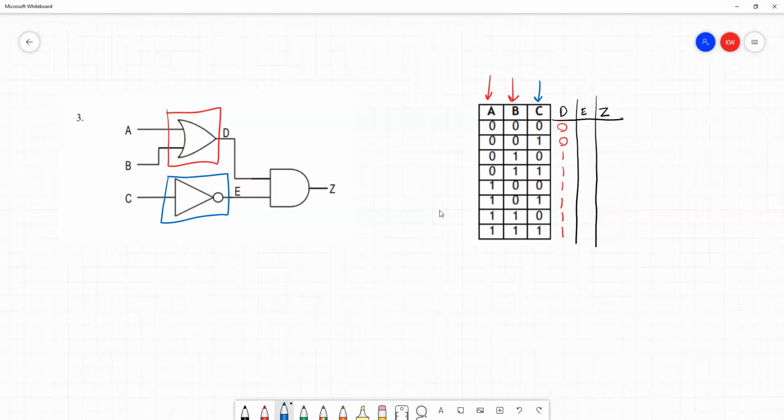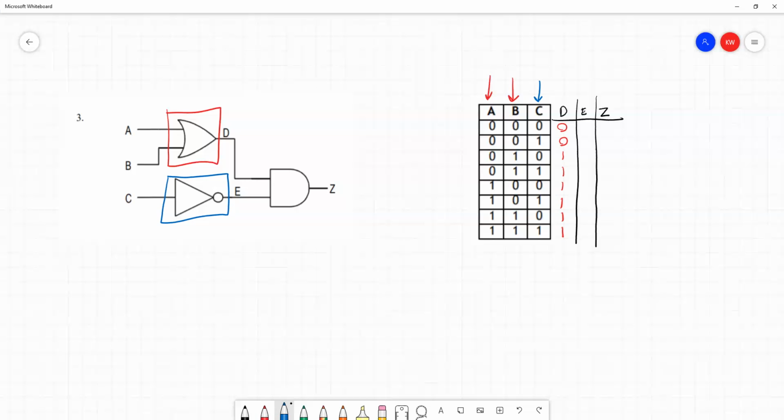D is, if we look at our diagram here, going to be, if I draw this line coming out of it, one of the inputs into the AND gate. So that's not what we're dealing with in our blue box here. C is our input. And as we've looked at in previous problems, what this tells us is in column E, write the opposite of column C. So a 0 goes in, a 1 comes out.